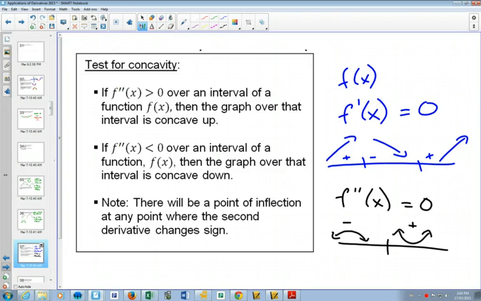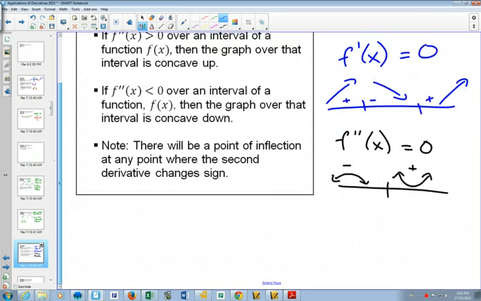So this would be very typical of some kind of x cubed graph. I don't know exactly what that equation would be, but if we think about a typical x cubed graph that looks like this, this point and this point would match up with our maxes and our mins.